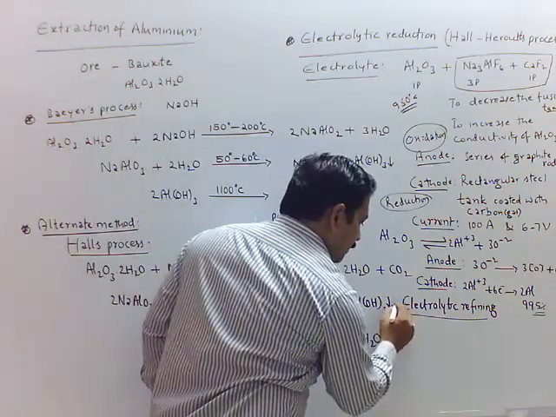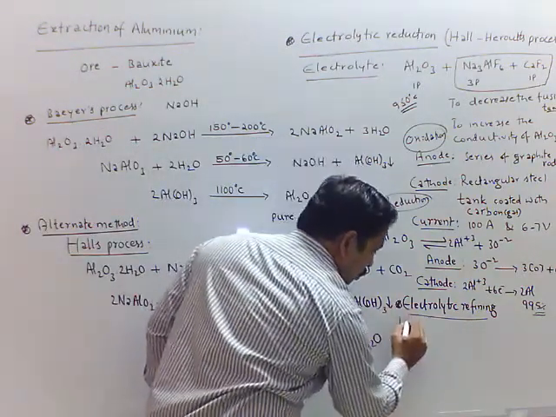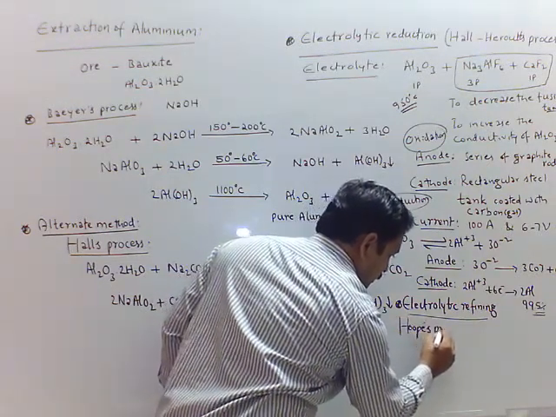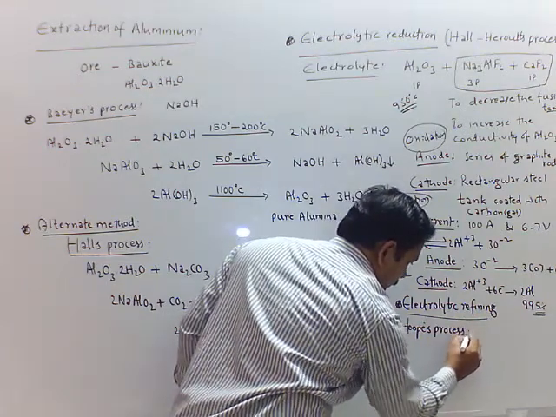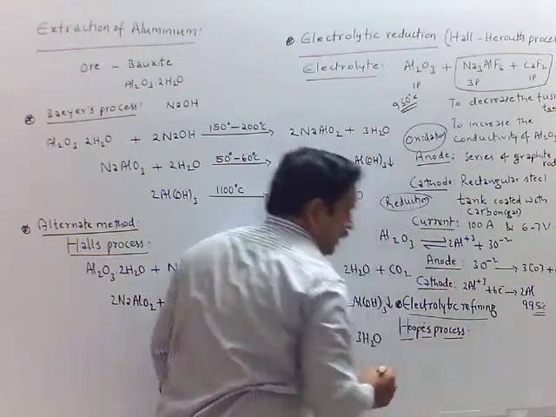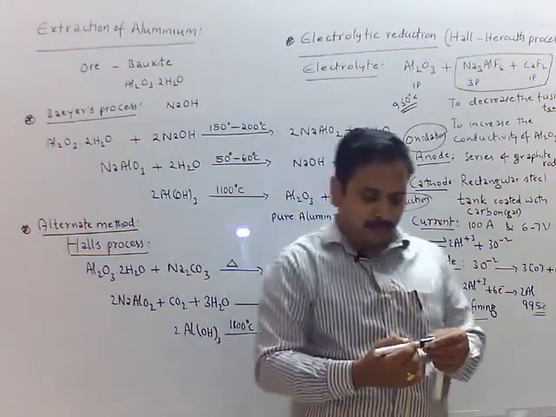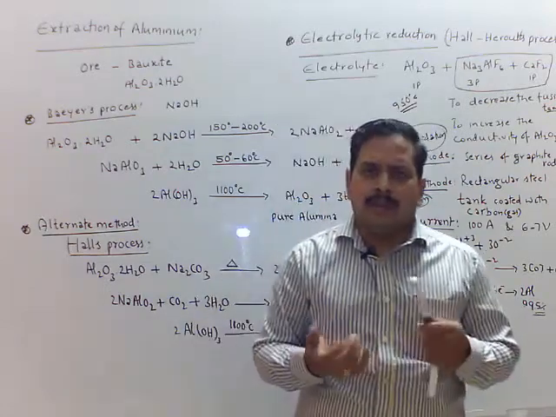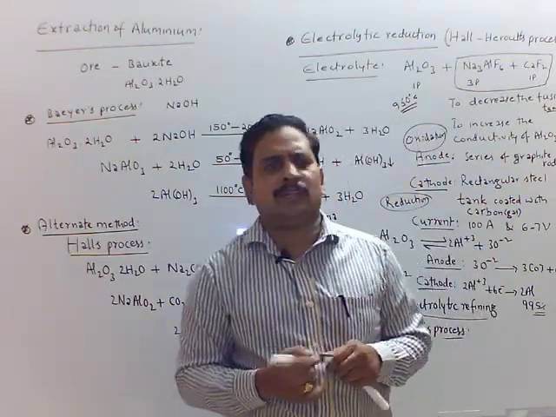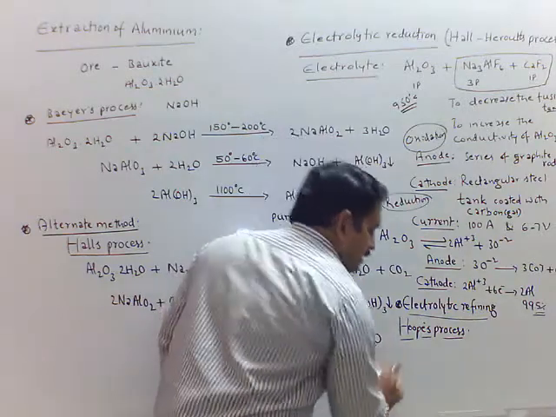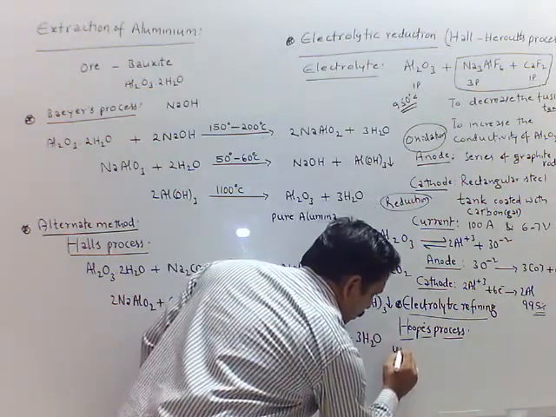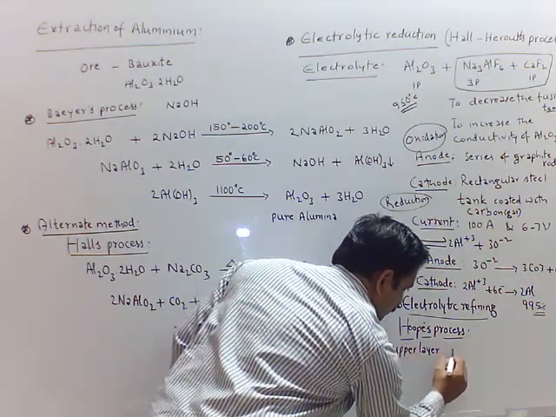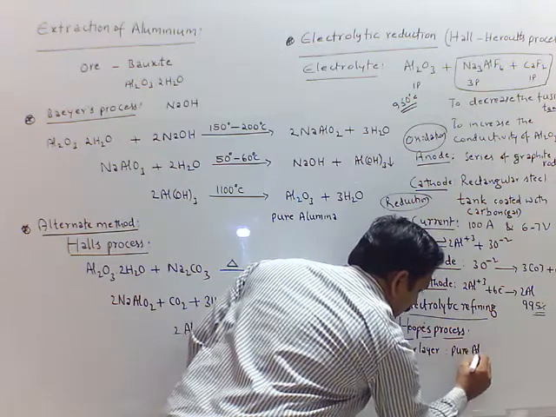This electrolytic refining is called Hoope's process. In this, the anode is impure metal and the cathode is pure metal. Here we have 3 layers. In the upper layer we get pure aluminium.